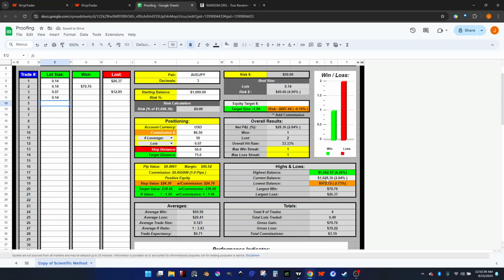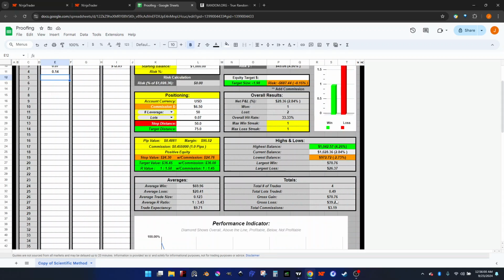Our account right now is at 1,028. After a few trades, we've already probably been through a couple of weeks. Our lowest balance from the start, from that loss, was just 97.72. Largest win so far, 70.76. Largest loss, 26.37. And we are starting to develop averages now.